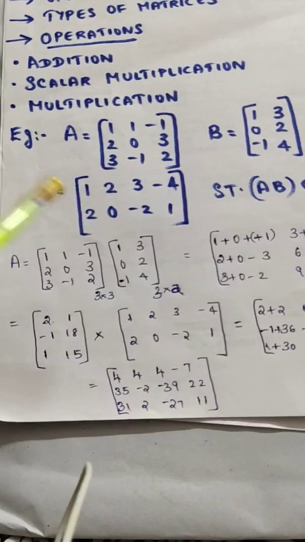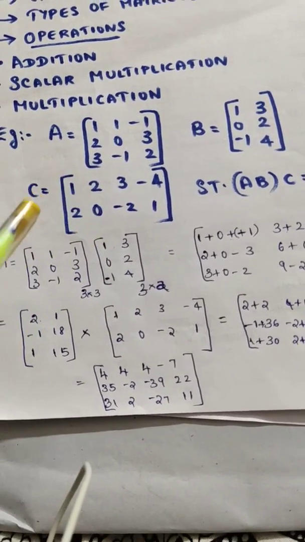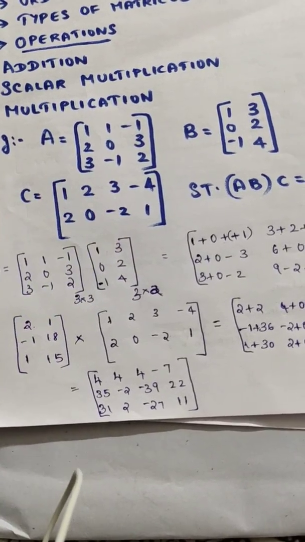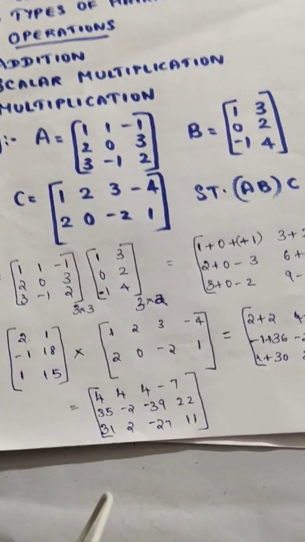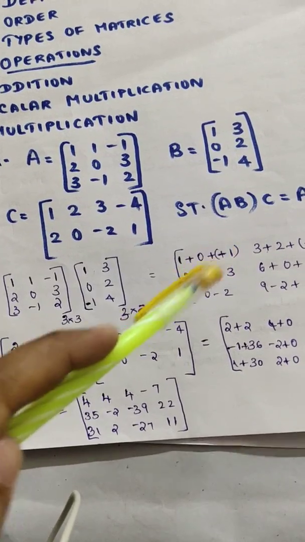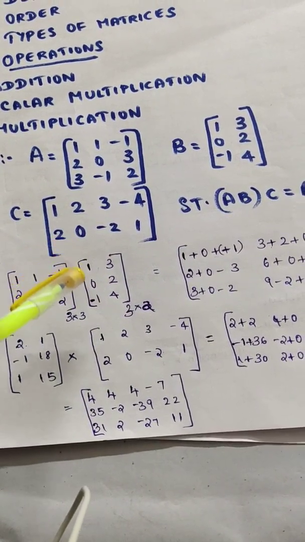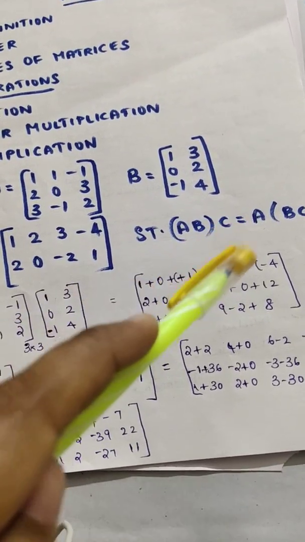So let us stick to the first row of matrix A. You have first row 1, 1 and minus 1. This you will multiply with the 2 columns of B. First row in A into first column in B will give you the element in first row, first column. Now first row in A into second column of B will give you the element in first row, second column.